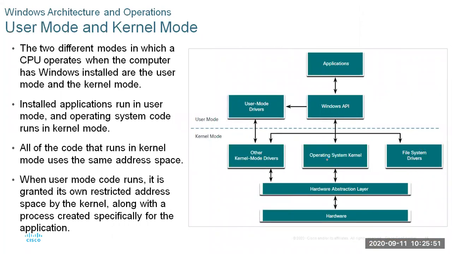All right, so the two different modes in which the CPU operates when the computer has Windows installed are the user mode and the kernel mode. The installed applications run in user mode and the operating system code runs in kernel mode. All of the code that runs in kernel mode uses the same address space.